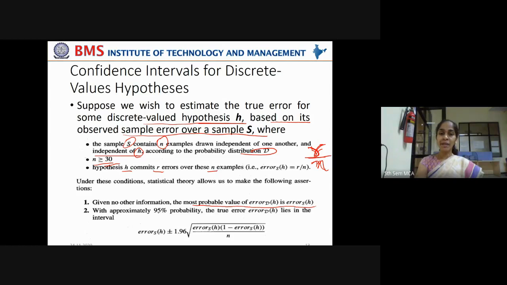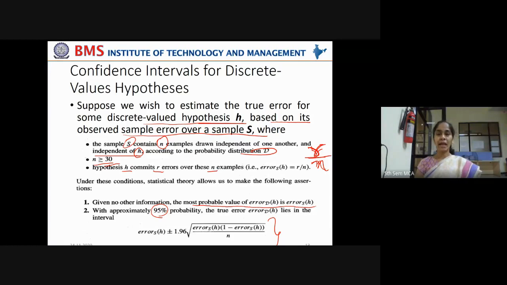Now, with approximately 95% probability, understand this carefully. I'm going to talk about some mathematical terms here. With approximately 95% probability, the true error lies in the interval defined by this equation.